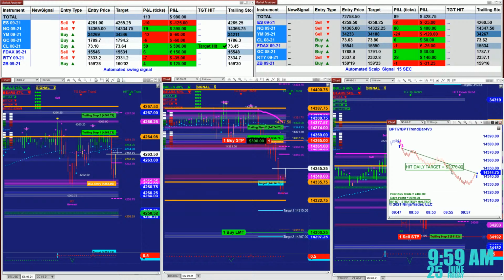Okay, we have the Nasdaq at just closed position on the auto trade, and it made 2000.